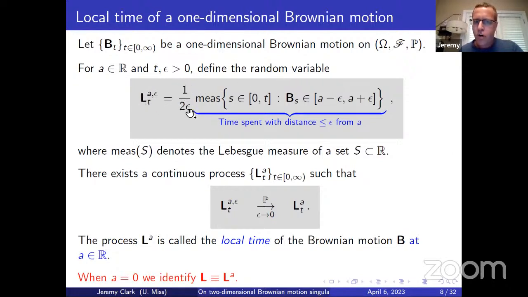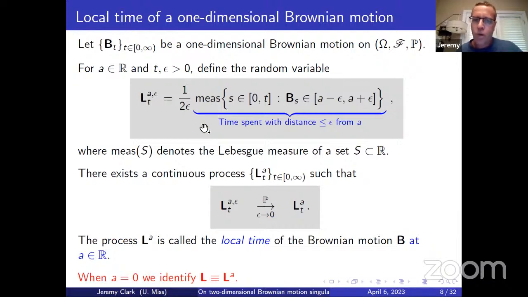This is 1/(2 epsilon), which goes to infinity as epsilon shrinks, multiplied by the amount of time that the Brownian motion spends in the interval of radius epsilon around the point A. So this is measuring how much time the Brownian path spends near the point A.